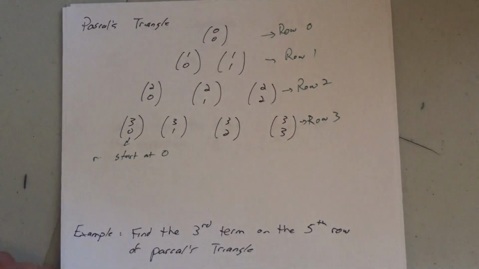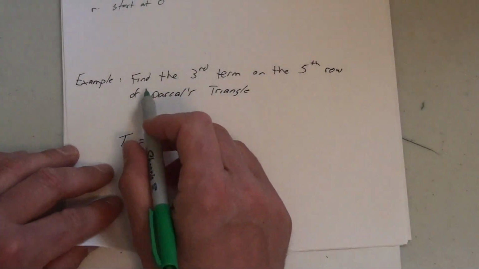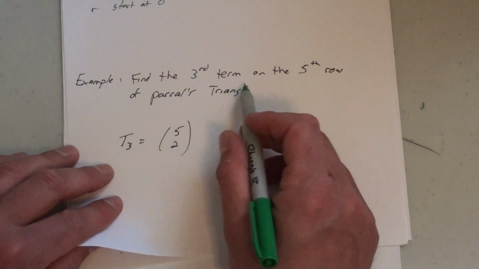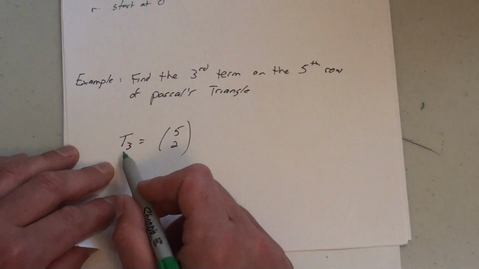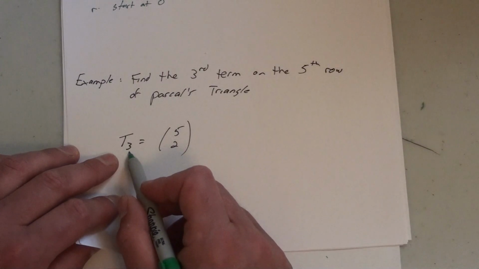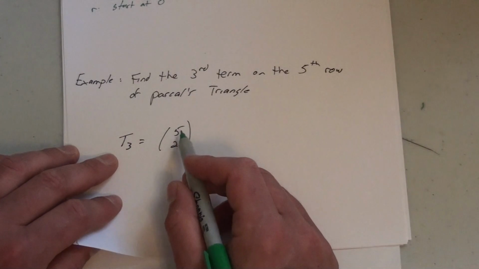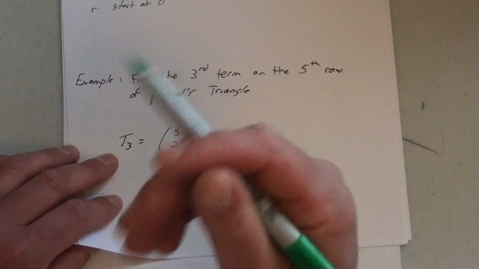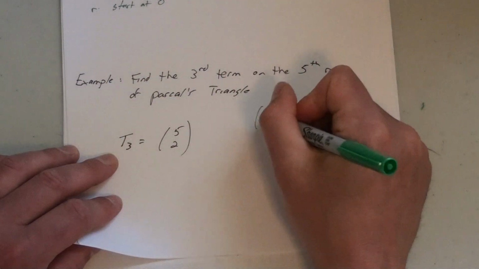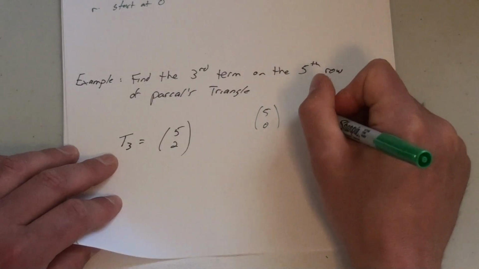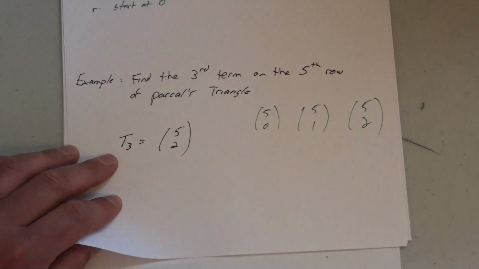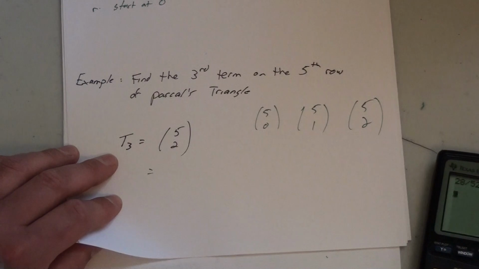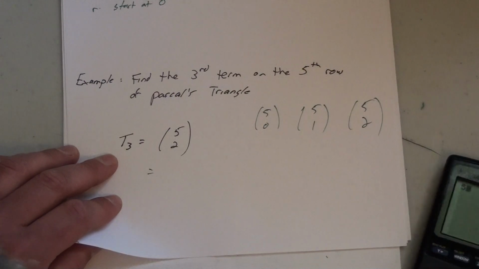Start at 0. So for example, if I want to find the 3rd term on the 5th row of Pascal's triangle, the row would be 5, but I'm actually going to choose 2, because 5 choose 0 would be the 1st term, 5 choose 1 would be the 2nd term, and 5 choose 2 would be the 3rd term. If you did 5 choose 2 on your calculator, and every calculator is a little bit different, so you have to play around to find it.